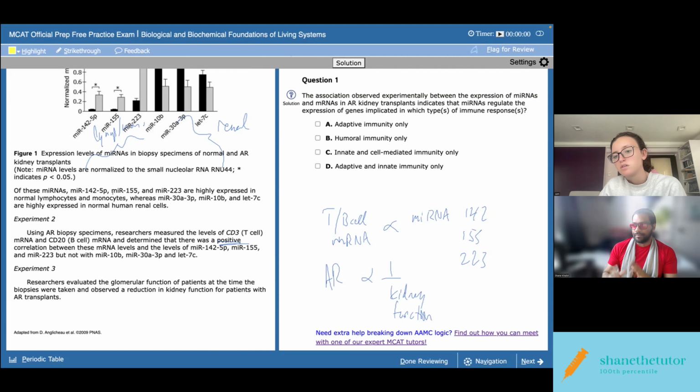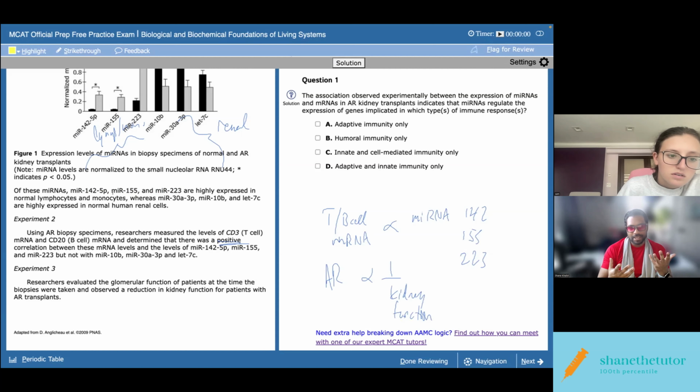But acquired, also known as adaptive immunity, is when you build a resistance to it, which means that you get infected and your T cells and your B cells respond. I knew you were going to ask, isn't that always there too? To an extent, yeah, but the T comes from the thymus, I believe, where they mature.